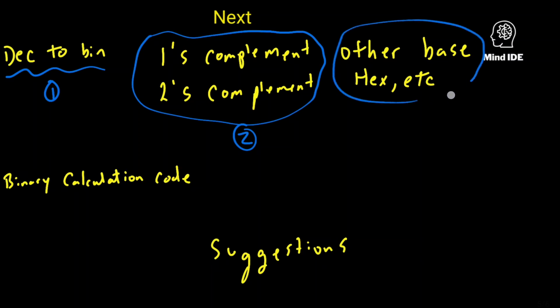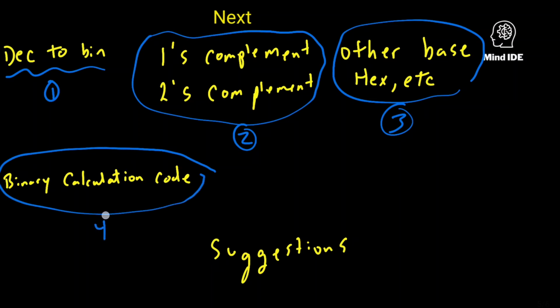And then we could look at other bases like hex and that kind of thing. And then this, I thought we could write some code either in something like MATLAB maybe to actually do a binary calculation for you. And then I'm also open to suggestions. So if you want to see something else, just let me know.